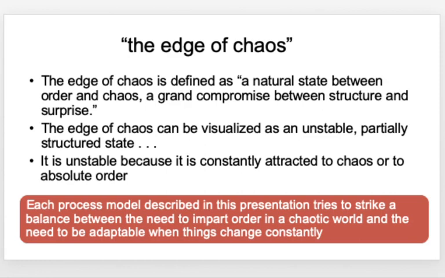So in order to bring order, we are looking into the different process models. Each process model in this presentation will strike a balance between the need to impart order in a chaotic world and the need to be adaptable when things change constantly. So when things are dynamic, how do process models bring in order, which otherwise would result in chaos?